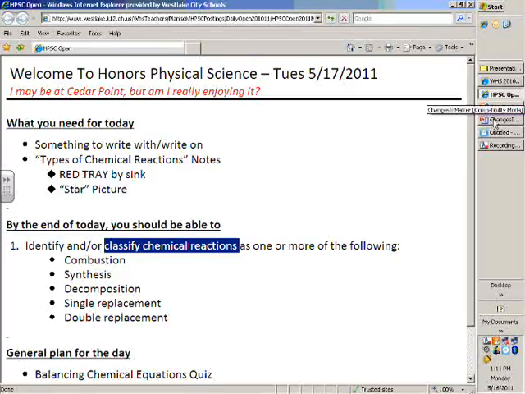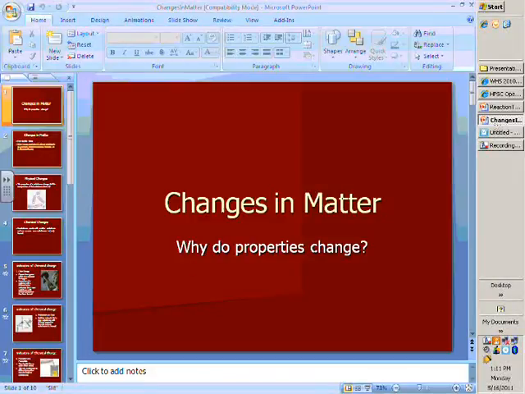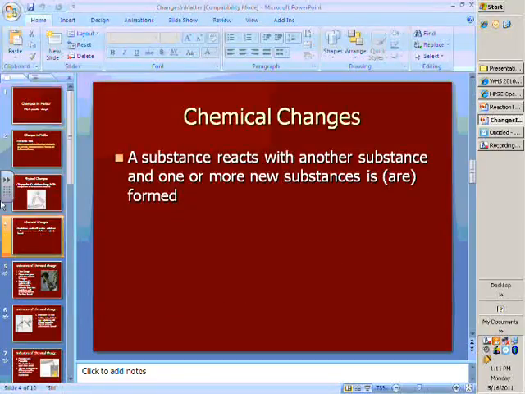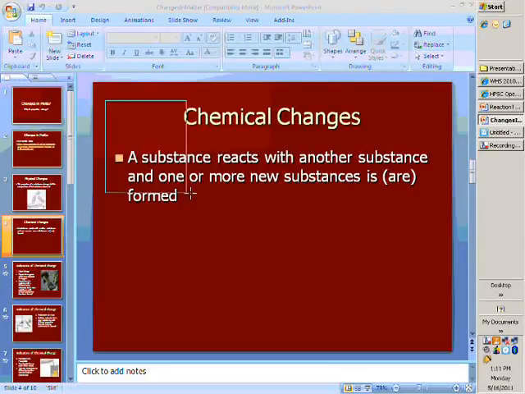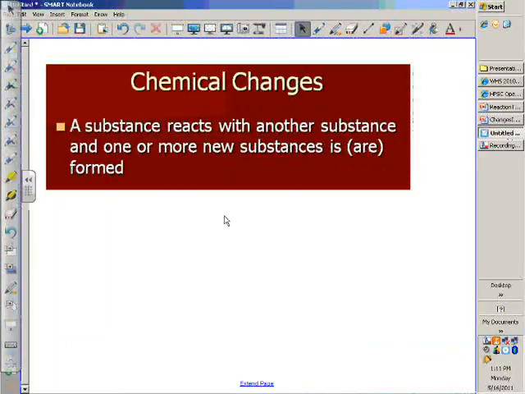So first, we're going to start in a set of notes that we did way back in March, I think, the beginning of March, and that's changes in matter. You don't have this stuff on your note sheet, the star picture that I gave you, but hopefully you'll remember it. First, we talked about chemical changes, and we said that our definition of a chemical change is when one substance reacts with another substance and one or more new substances are formed.